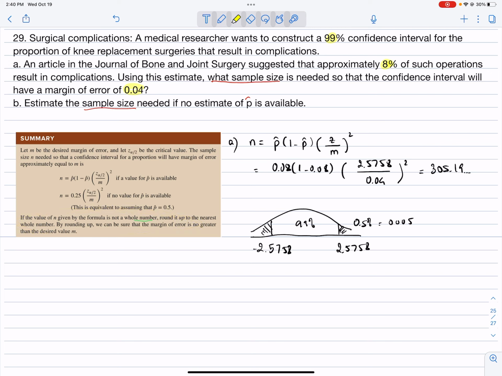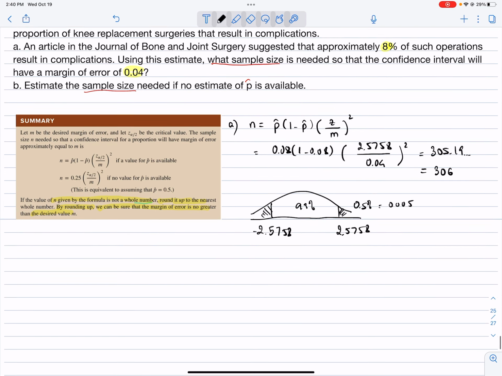It says that if the n is not a whole number, we need to round it up to the nearest whole number. And because we round it up, we can be sure that the margin of error is no greater than the desired value m. In our case, it is 0.04. So we round up to the nearest whole number, which is 306.